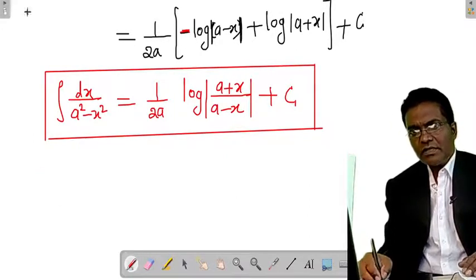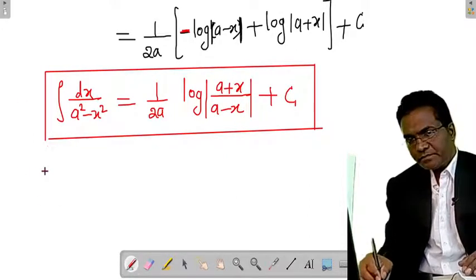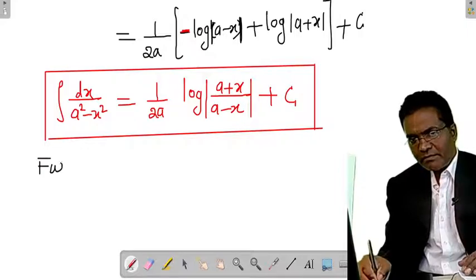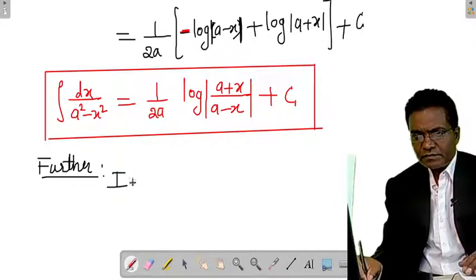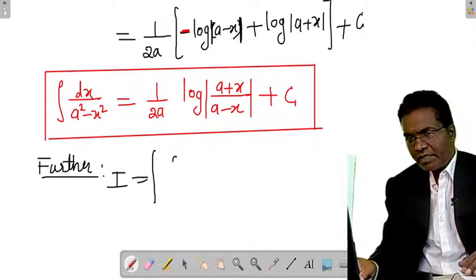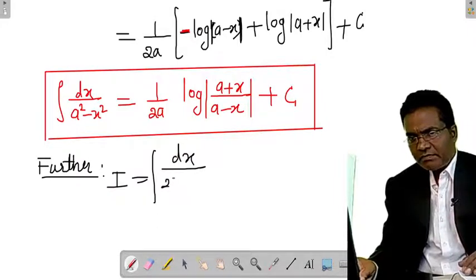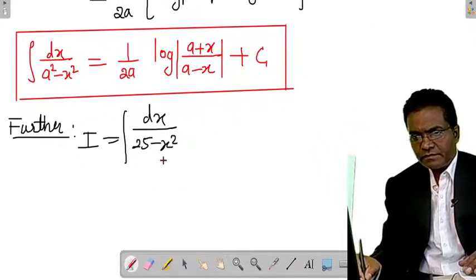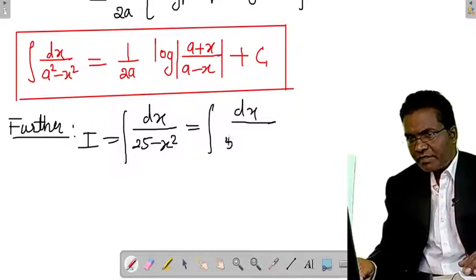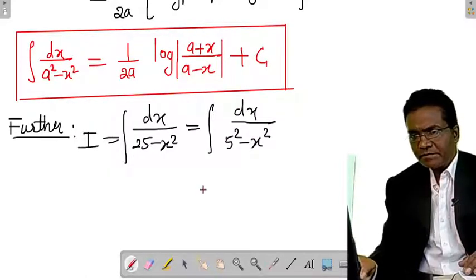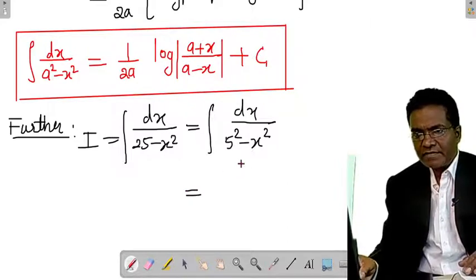Now further, you are given one example to evaluate. Integration dx by 25 minus x square is given. So it is dx by 25, which means 5 square minus x square, and this is of the form a square minus x square.